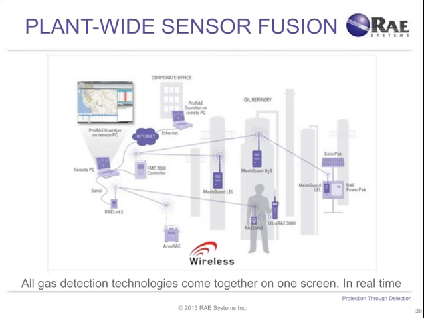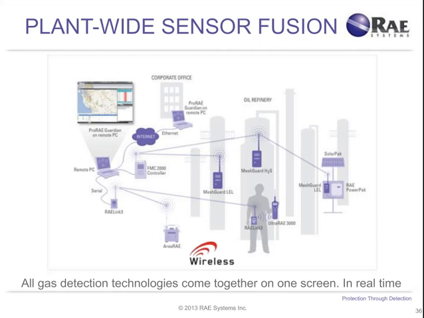So basically, looking at all the chemicals that you have at your facility and being able to consolidate the readings from all the detection equipment that you employ at your facility, regardless of what gases that equipment detects, right? To consolidate all these readings on one screen. And that is something that is enabled by the modern wireless gas detection technology.